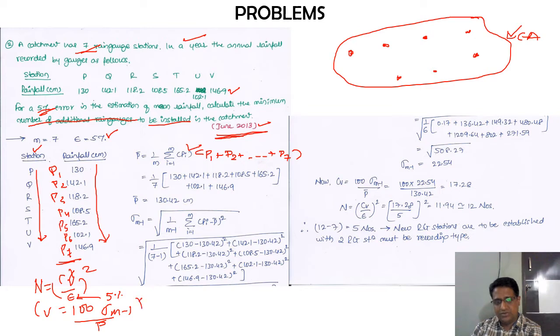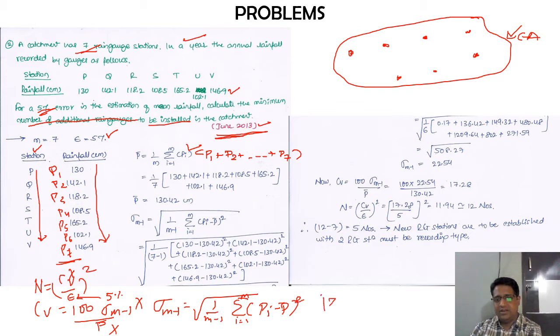Here also you don't know the value of sigma m minus 1, nor p bar. So you need the formula for sigma m minus 1, which is the square root of 1 divided by m minus 1, summation of i varying from 1 to m, of (pi minus p bar) the whole square.